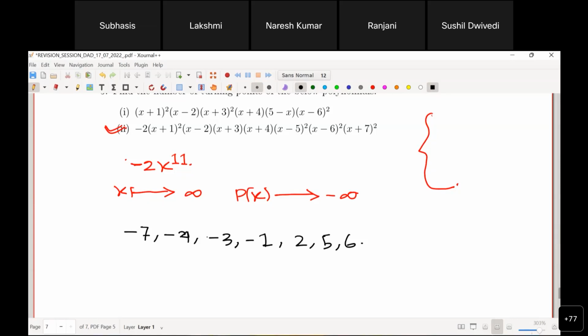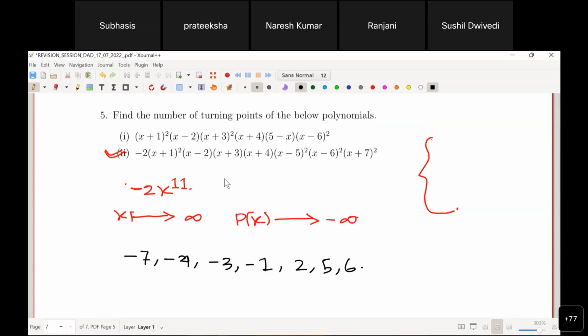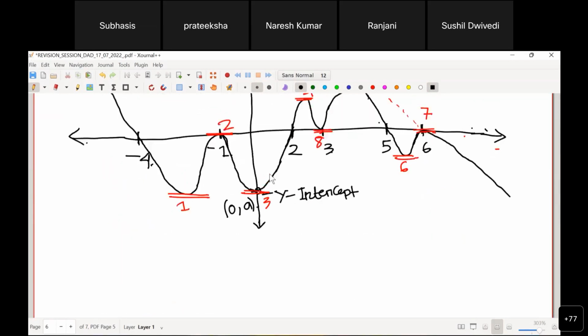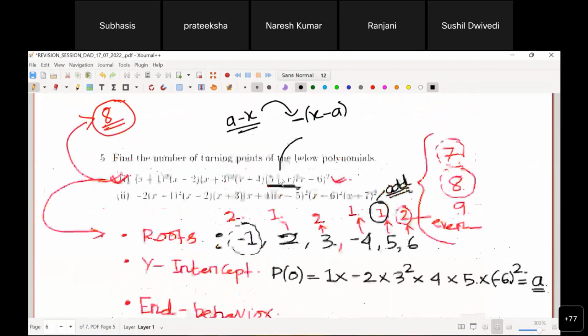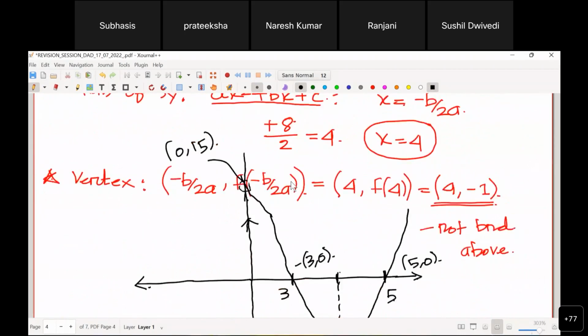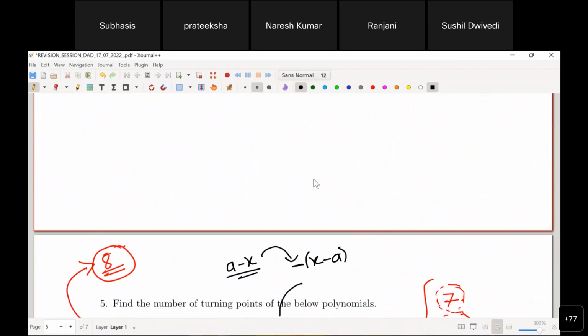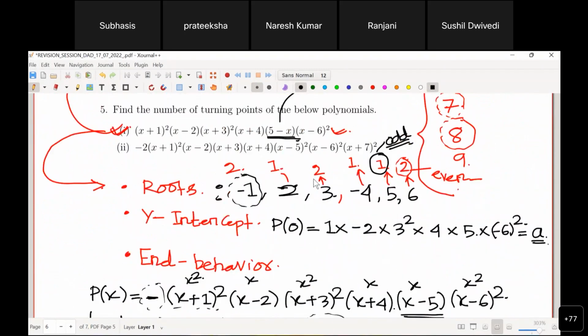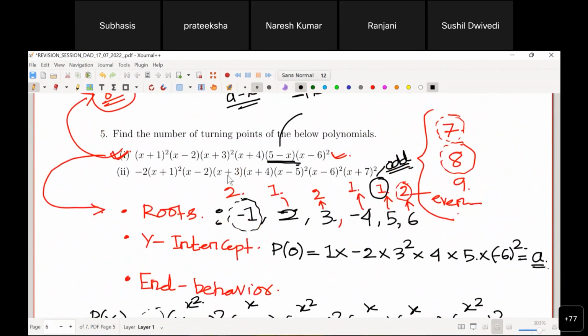Sir, in question 1, we have (x plus 3) whole square. That gives us x equal to -3 as a root, not +3 as a root. Okay, so maybe I made a mistake. Yeah, I got it. So then I guess I made a mistake.